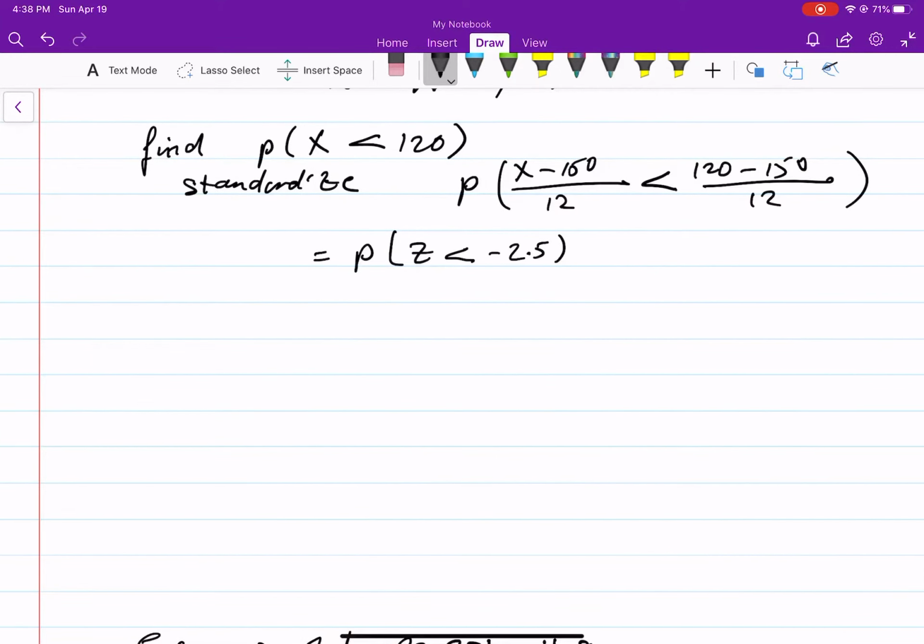Let's draw the standard normal distribution curve. This is f of z versus z.